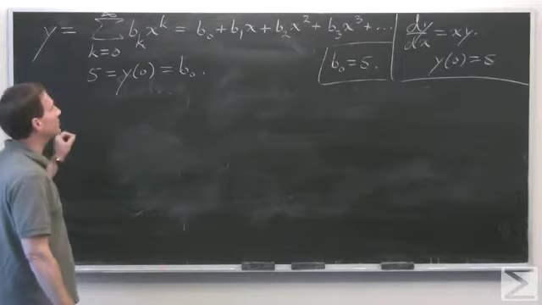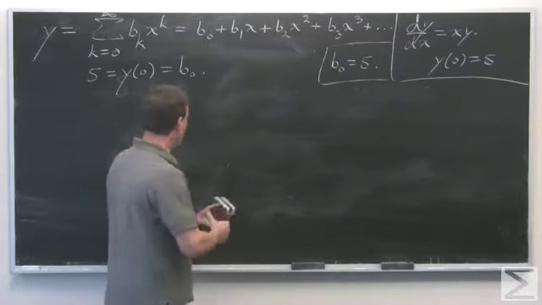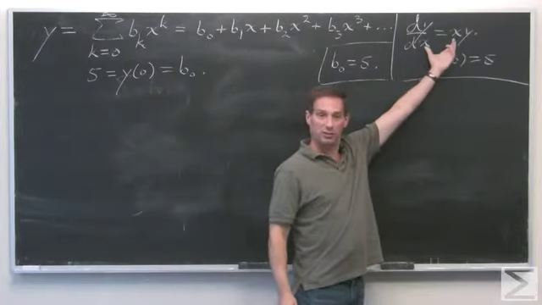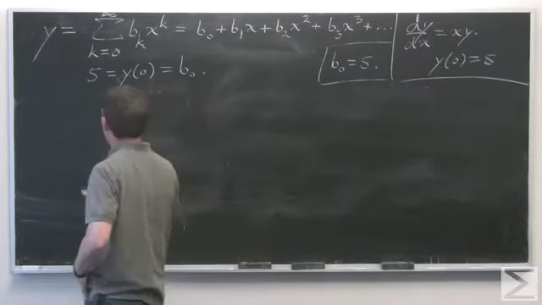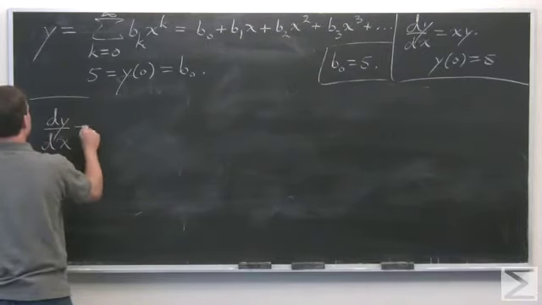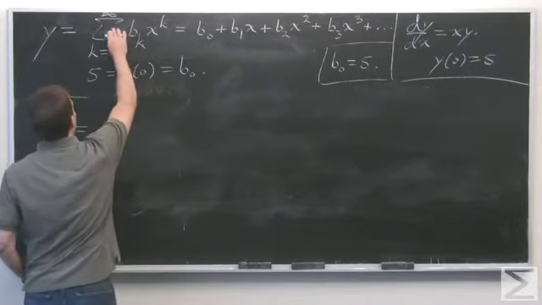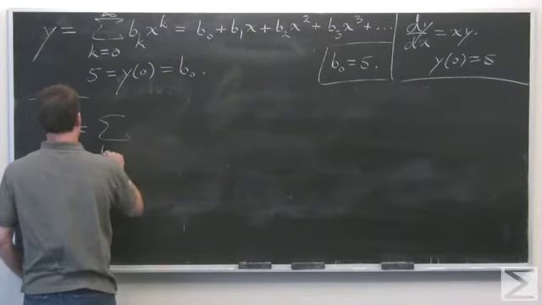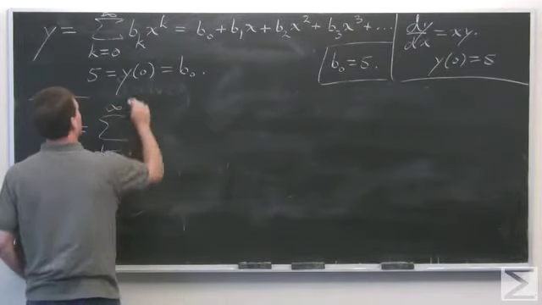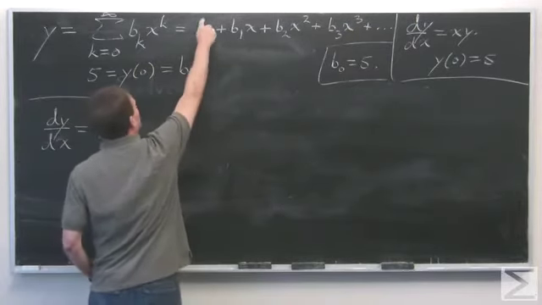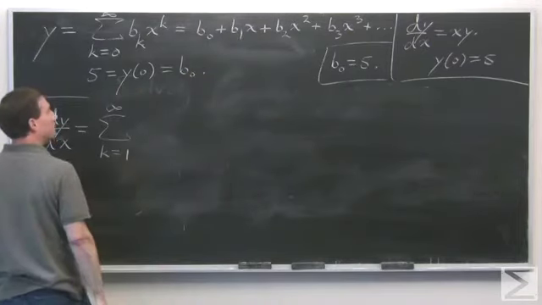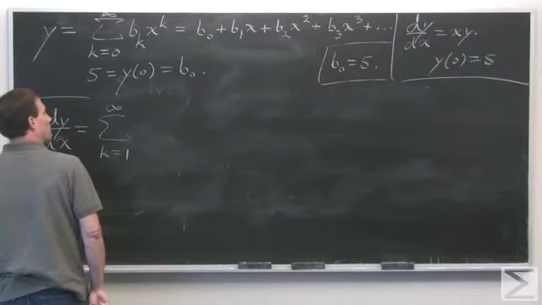But now we want to differentiate. We want to require this to be true, that dy/dx equals x times y. So what is dy/dx? You differentiate this, the derivative of a sum is the sum of the derivatives, so you can just write this. You need to start at the constant term b naught, its derivative will go away, and you'll start with the degree 1 term, so the first power of x.